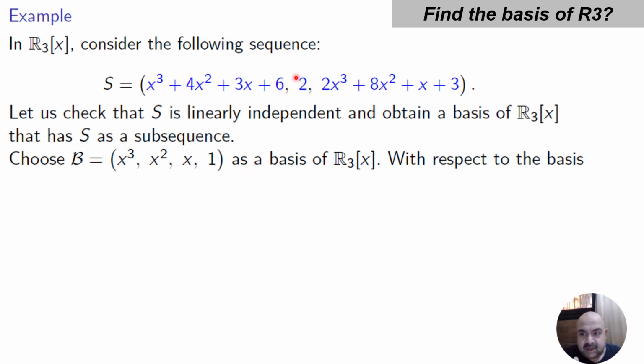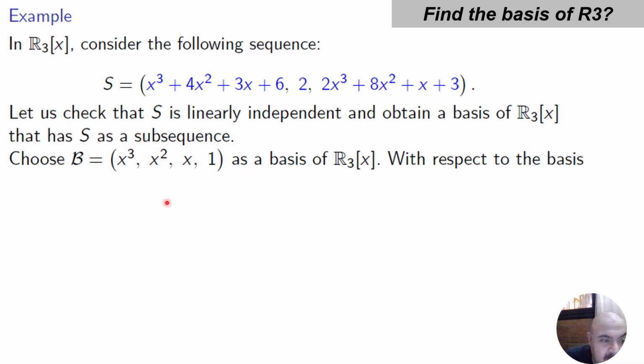So the first vector can already be generated from E1, E2, E3, E4, where E1 is x to the power of 3, E2 is x to the power of 2, E3 is x, E4 is 1.